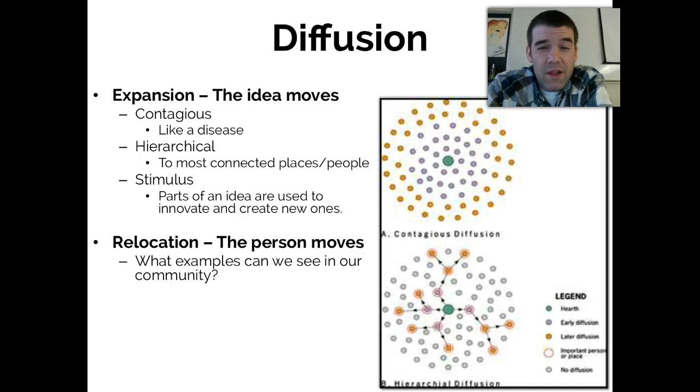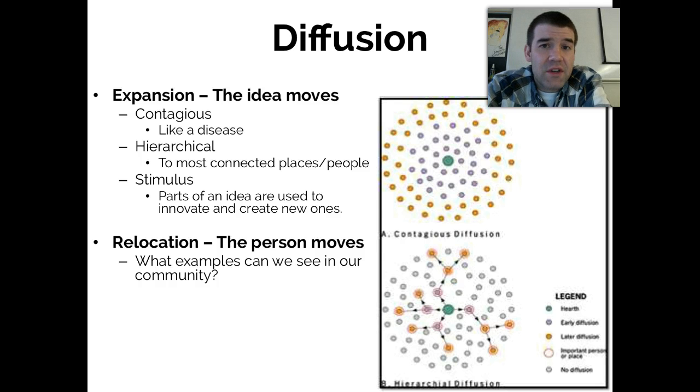For example, Lance Armstrong, when he started the Livestrong campaign with the little yellow bracelets, he was a known figure that allowed for that idea to spread. Or if someone famous wears a new kind of outfit or starts a new fashion trend, it's hierarchical because people see that and it diffuses because of that person of importance.